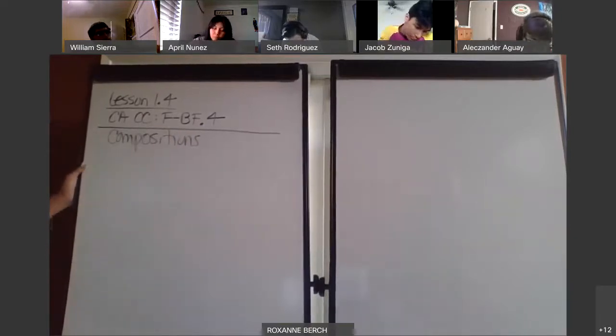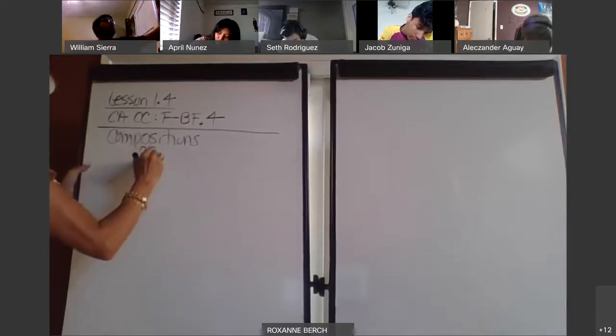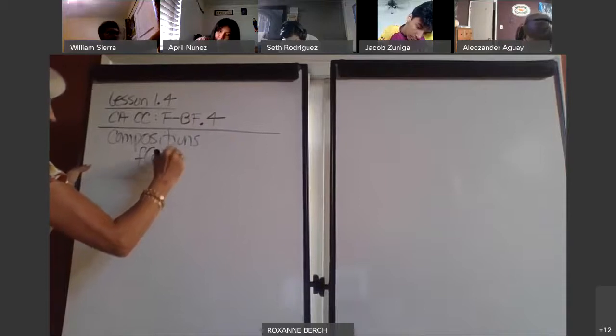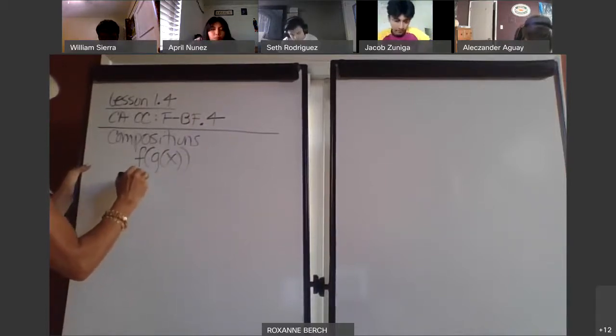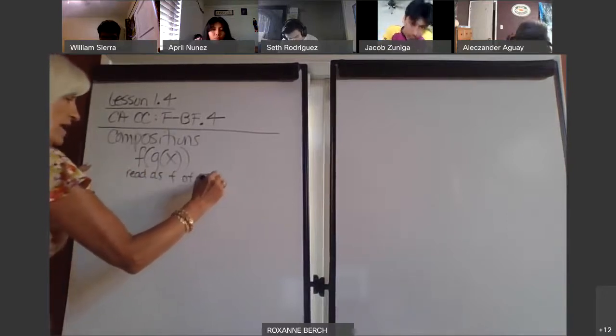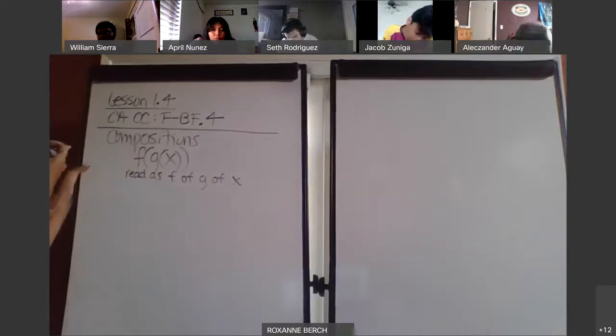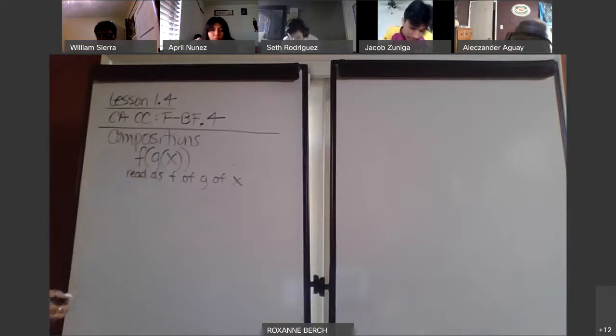All right, I don't know if you had compositions in Algebra 1, but basically a composition looks like this. And the way it's read is f of g of x. So this does not mean f times g. It means f of g of x.